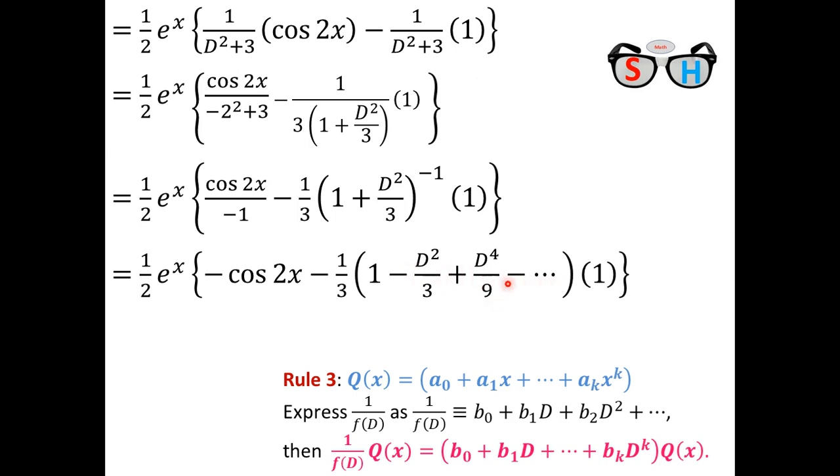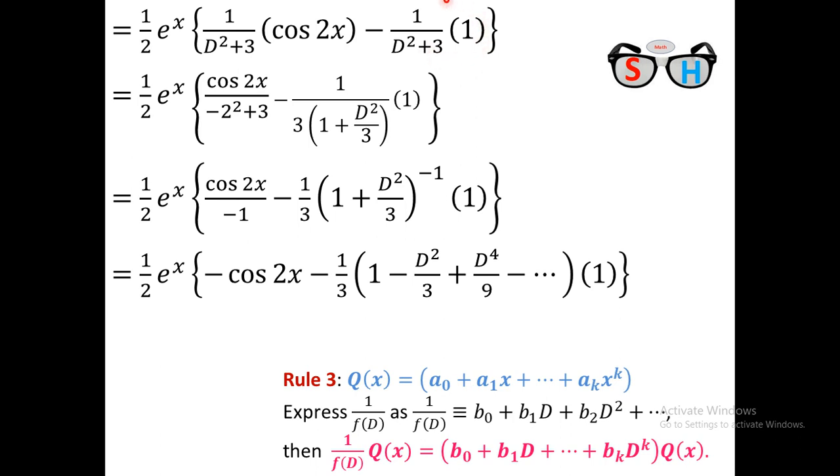If you apply this on 1, this will be 0 except the 1 of 1, that is simply 1, that is minus 1/3. Repeat again, if you apply d square on 1, this will be 0. If you apply d to the 4 on 1, this will be 0, because d square means 2 times derivative, d to the power 4 means 4 times derivative, the result will be 0. But if you apply 1 on 1 it means no change, identity transformation, therefore this result will be minus 1/3.